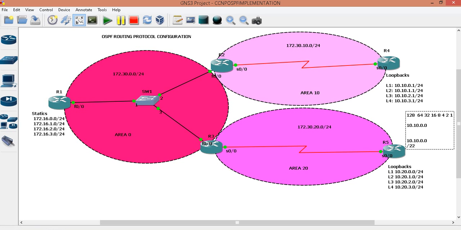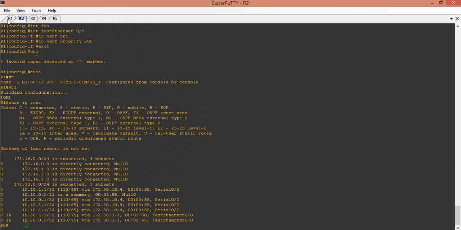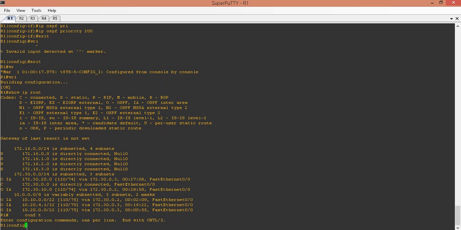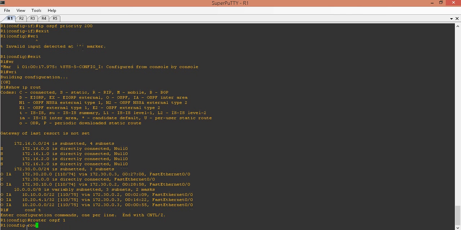So I'm going to router 1, global configuration mode, router OSPF 1, summary address.